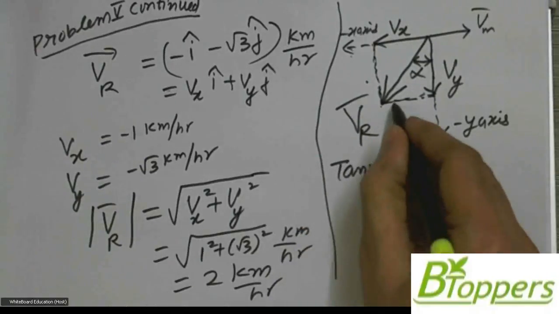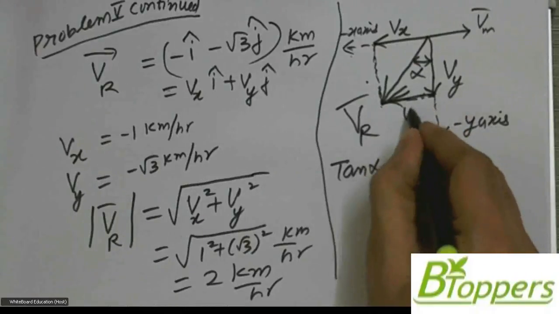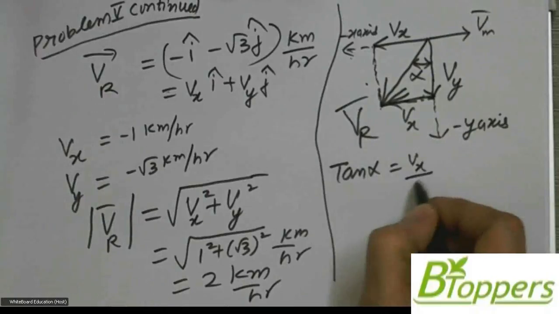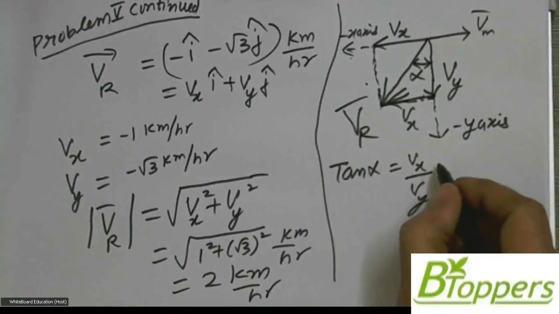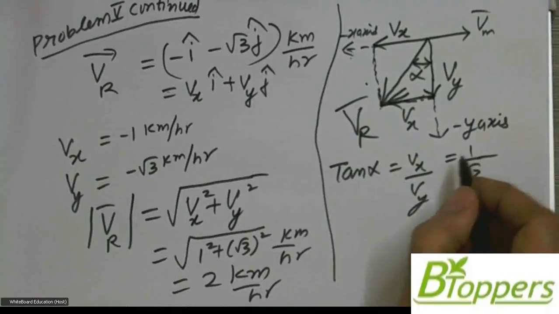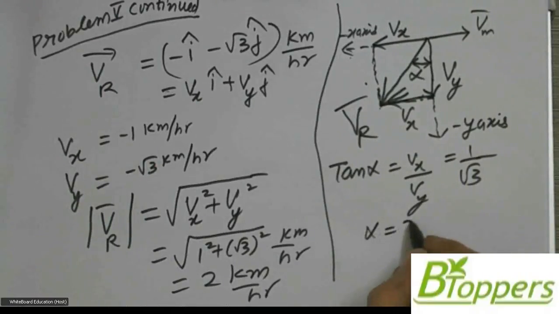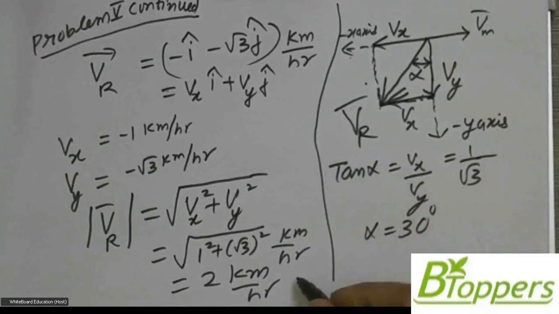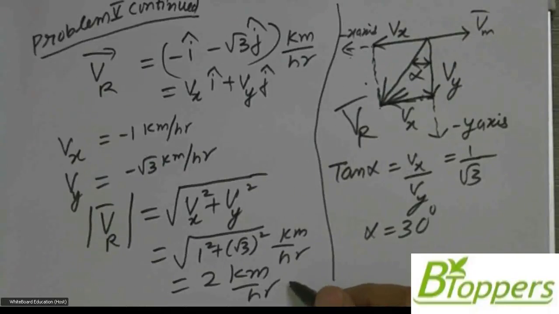So tan alpha, you can write Vx by Vy. That comes out to be 1 by root 3. You get alpha equal to 30 degrees. That means the magnitude of the actual velocity of the raindrops is 2 km per hour, and the direction of the actual velocity of the raindrops makes an angle of 30 degrees with the vertical.